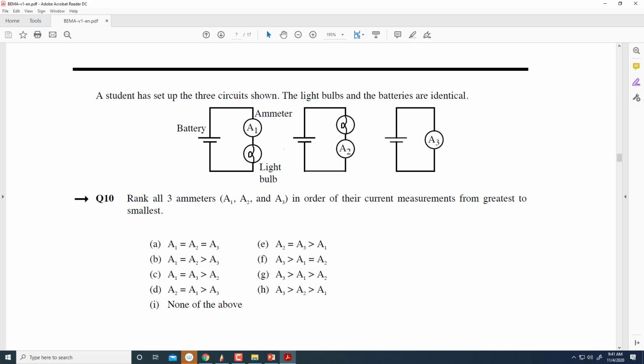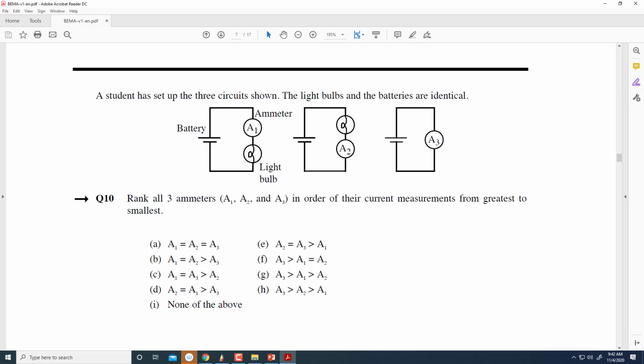These two have the same current, that's right, because you have the same light bulb. But there is no light bulb here. A light bulb means it's a resistor. A resistor means it's trying to oppose the current.